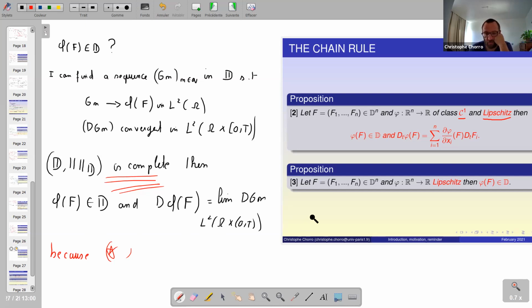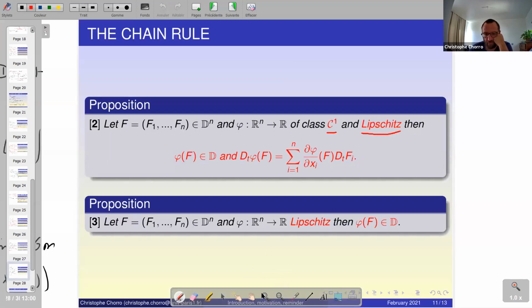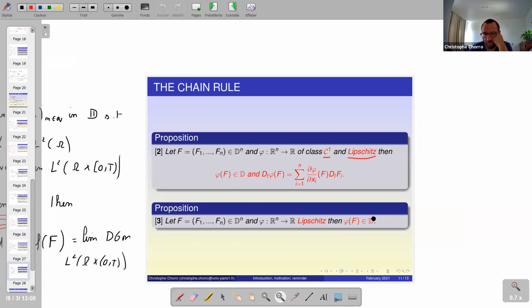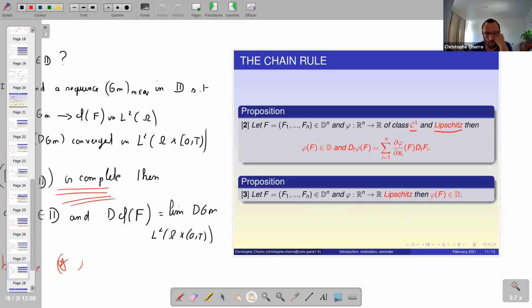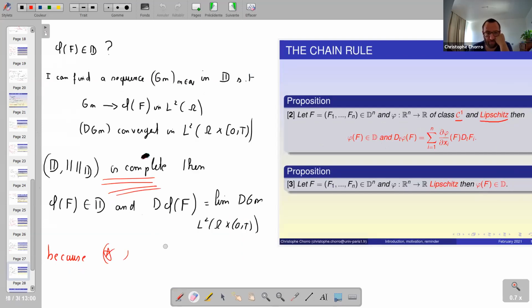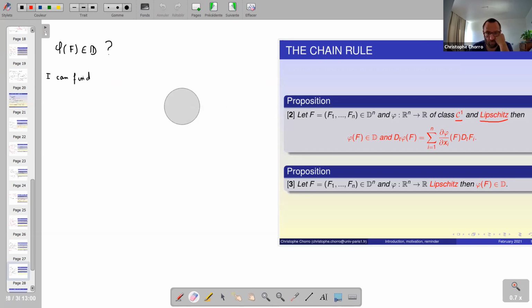So now let's start the proof. It's the proof of proposition 2.